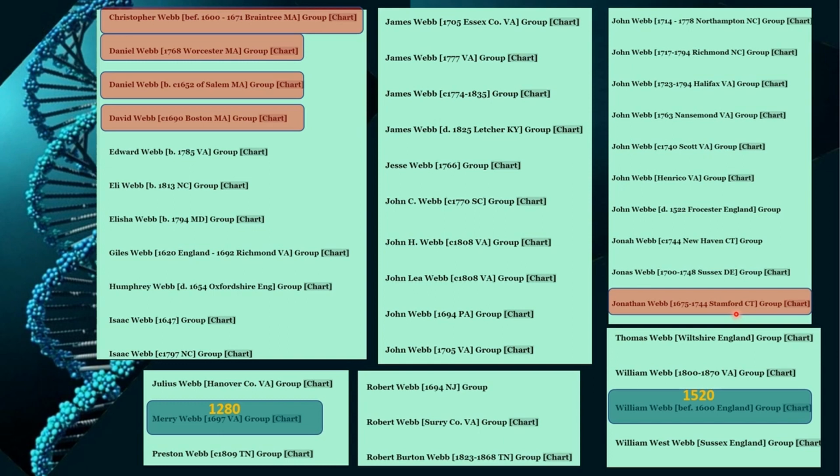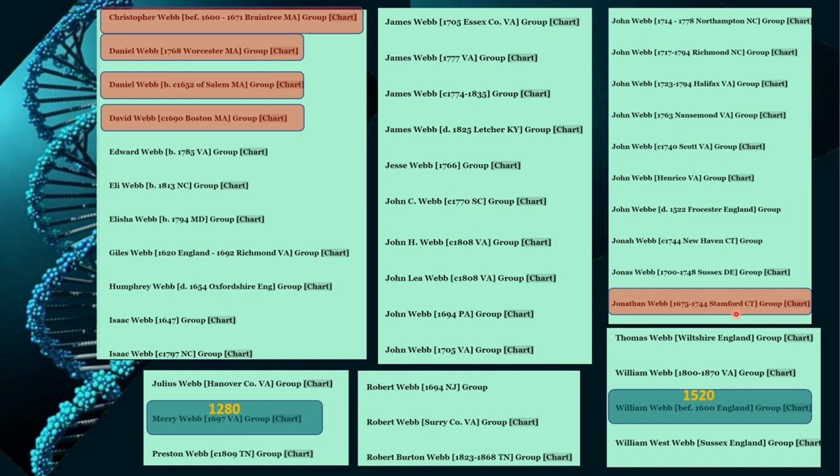The problem is Stamford's just a little ways away from the Saybrook area. And so, in my opinion, sloppy researchers go back and say, oh, hey, they're so close. I'm not stumped anymore. I found some information. And we continually get hooked up to the Jonathan Webb branch. And I'll guarantee you, it's not correct.